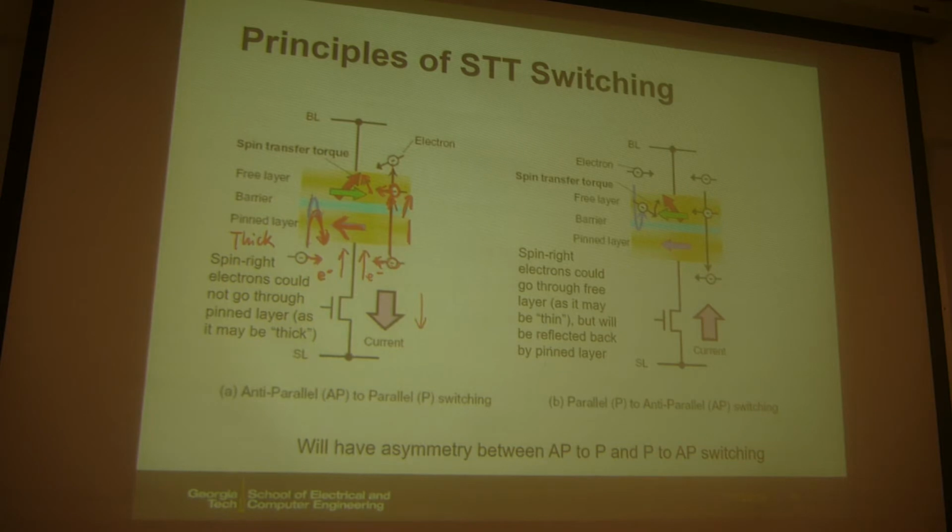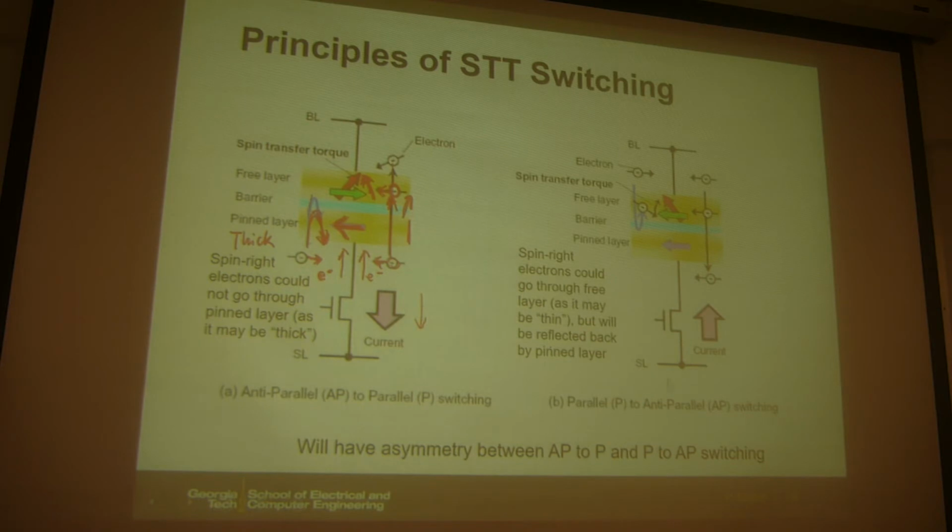It's like you insert a torque to the free layer to flip to the left. So this is the force those electrons apply to the free layer. Actually, it's the torque. So this is how you flip this one.